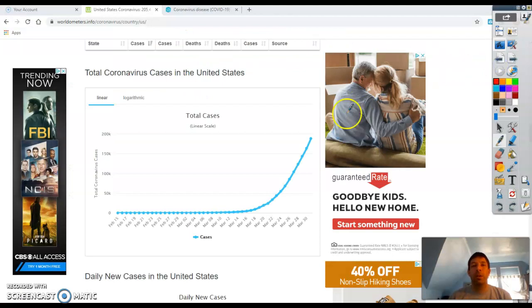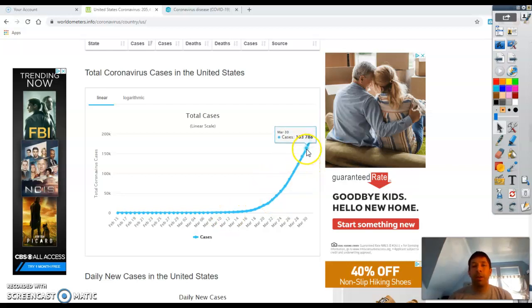I used 22 for the days since February 29th. March 1st would be the first day after February 29th, so March 22nd would be the 22nd day after February 29th.